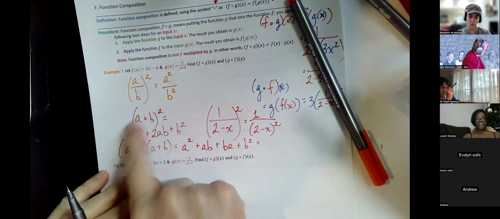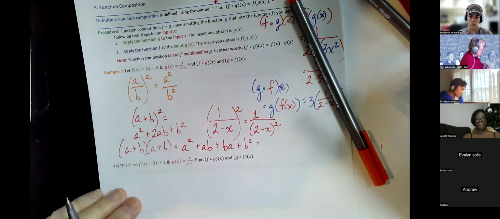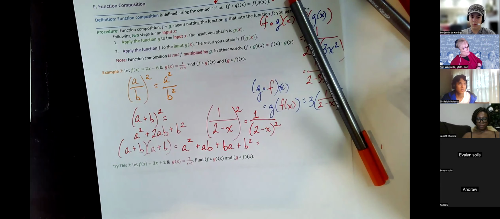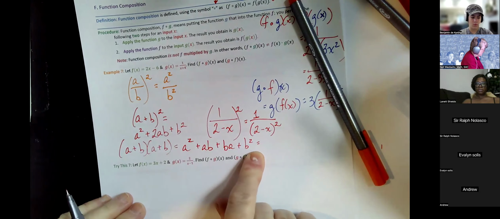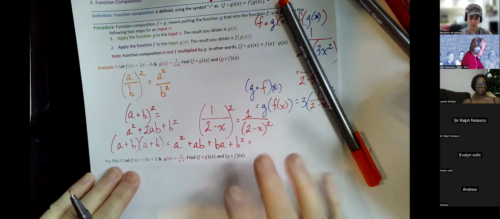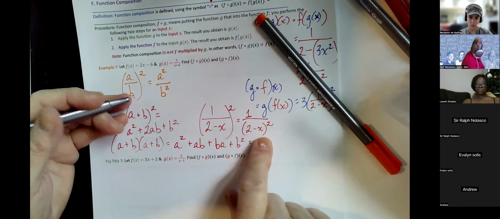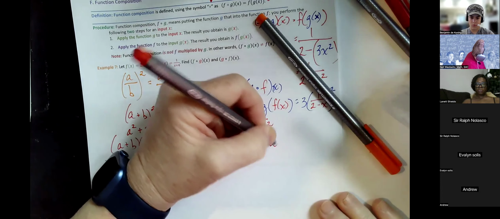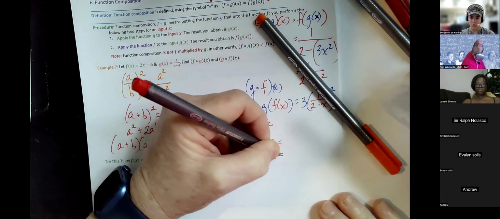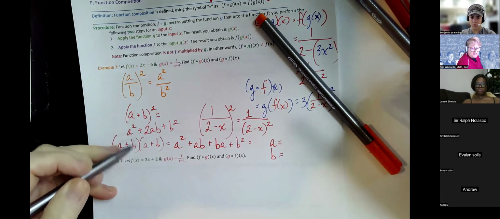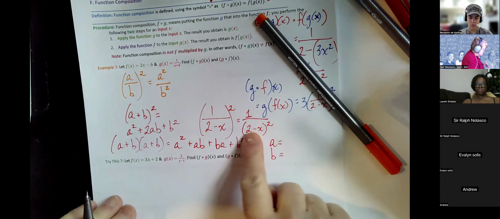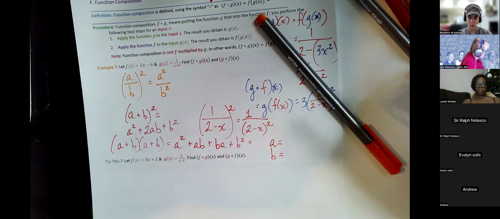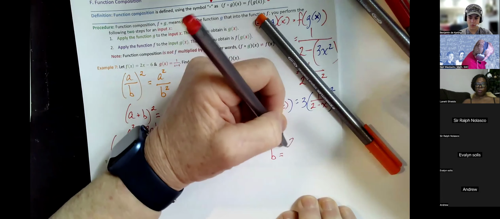But this pattern is super handy, and we're just not going to have time to think about multiplying it out every time. So let's see. In this case, what is a and what is b? Because you notice I only used a plus sign here. So what is a in this binomial? 2. Good. And b?